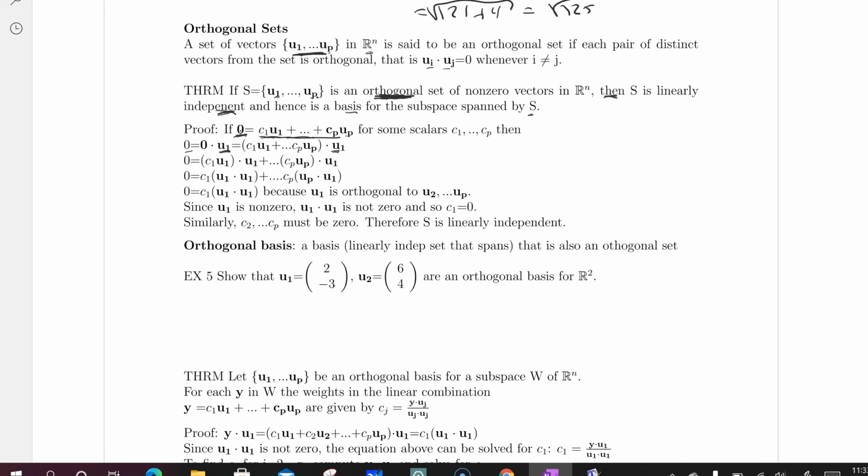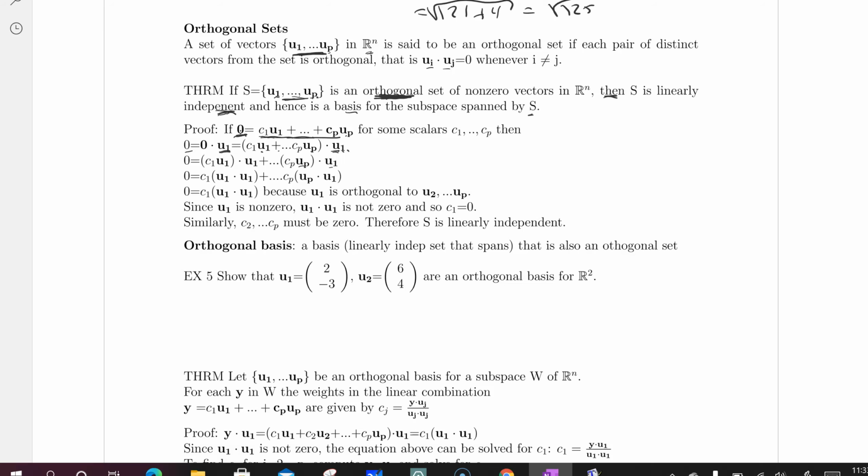So what does that look like? U1 times this, U1 times this next vector, U1 times this vector. So here's c1, the number c1, U1 dot U1, and all the way along to cp, UP dot U1. Okay, I've been told that this is an orthogonal set. So what do I know about all of these in between, like UP dot U1?